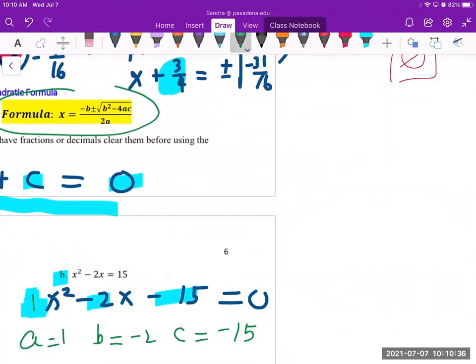The formula says, in this case, x is equal to negative b.